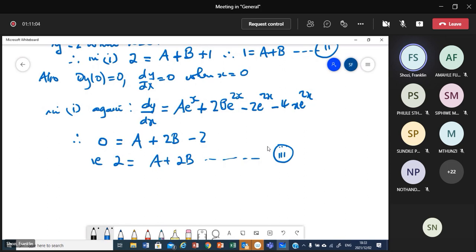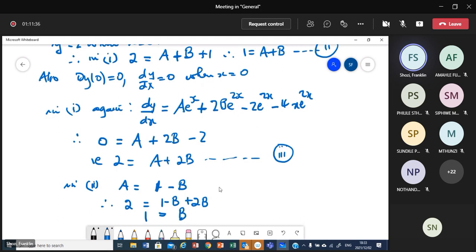Then equation 2 and equation 3, you can make a the subject of the formula. A is 1 minus b. Then put it in equation 3. Therefore, 2 is, there is a, it's 1 minus b plus 2b. That gives us 1, if I transpose, it's minus b plus 2b, it's b.